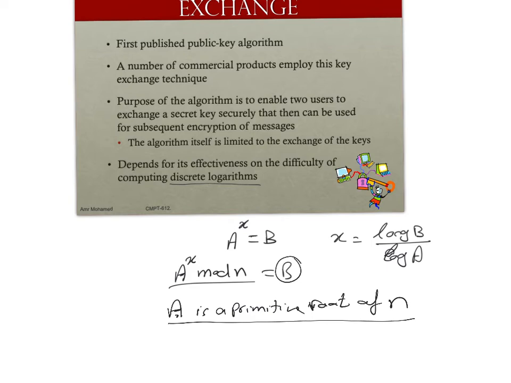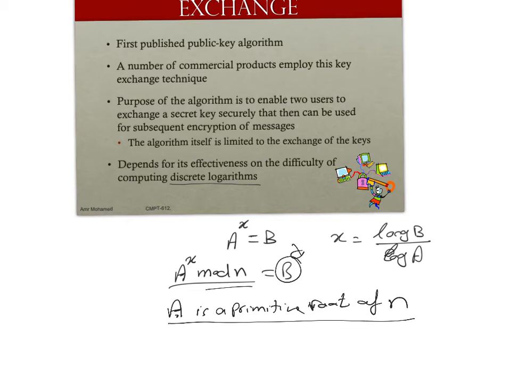Remember, that's not necessarily true generally. If I give you any number to the exponent of x, let's say x is 1 and x is 3, you may in fact get the same answer, because this is mod n.